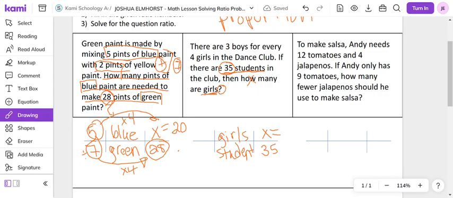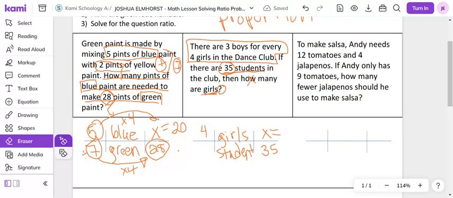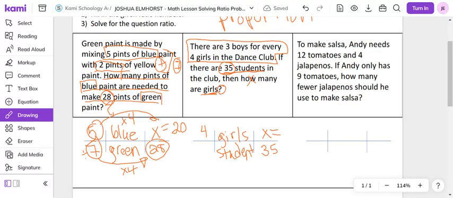Now we go back to the given. The given information is the first part, the context. It says 3 boys for every 4 girls. So there's 4 girls, and some kids are going to put boys down here, but that is not the ratio that we're looking for. The ratio is girls to students. And if there's 3 boys and 4 girls, then there's going to be 7 students.